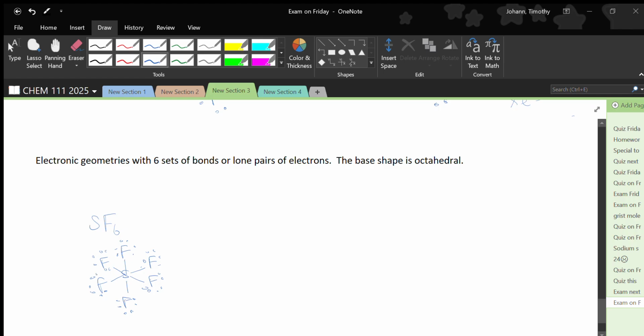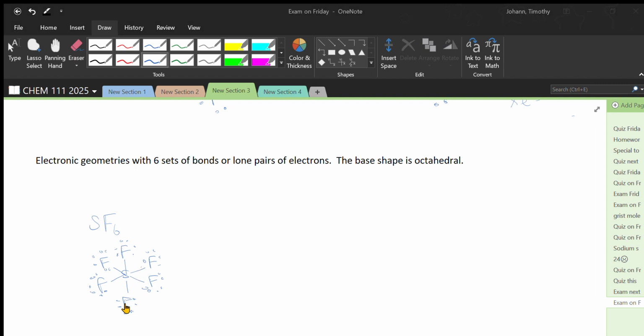All right, the octahedral shape is like a square bipyramid, but we call it octahedral. And so an example of that is, this has got to be one. Yes. So here, this isn't our sulfur hexafluoride, it's a phosphorus hexafluoride. Okay, but it's this shape.